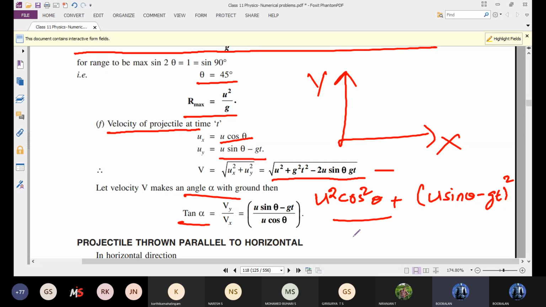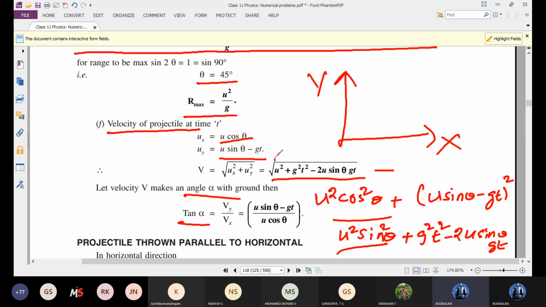You will get u square sin square theta plus g square t square minus 2u sin theta gt. Take u square common for sin square theta plus cos square theta, whose value is 1.